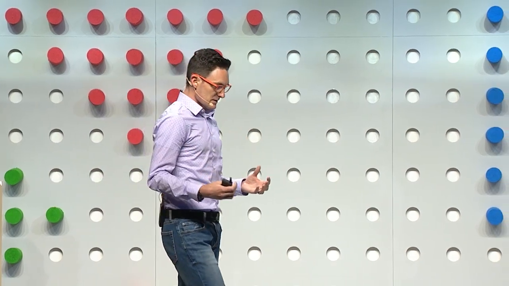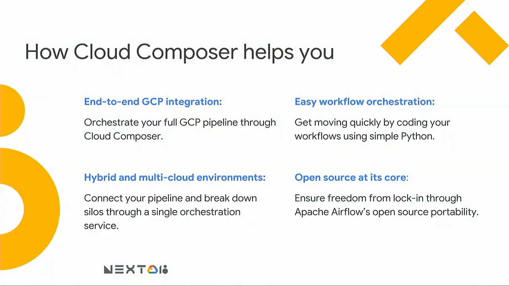There's a few things that we really wanted to tackle with Composer. First, we wanted an end-to-end GCP-wide solution to orchestration and workflows. Second, it was really important to us that Composer works both inside of Cloud Platform and outside.